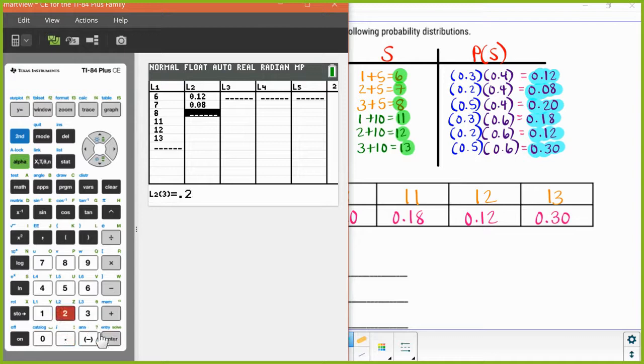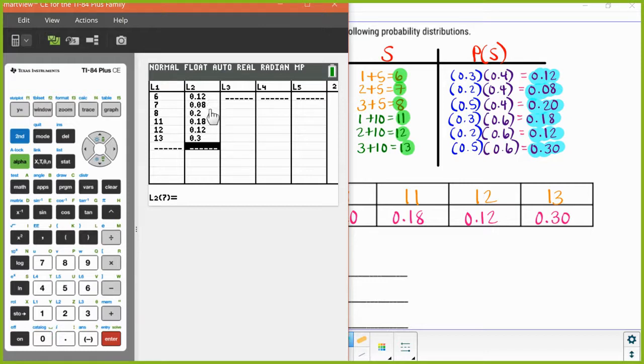I know this is something that came up on practice: if you're not changing L1 and L2 in one var stats, you need to make sure your outcomes are in L1 and your probabilities are in L2. If you tell it the probabilities are somewhere else, that's okay, but otherwise you're going to get an error or an incorrect mean or standard deviation.